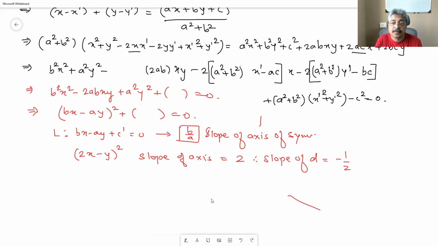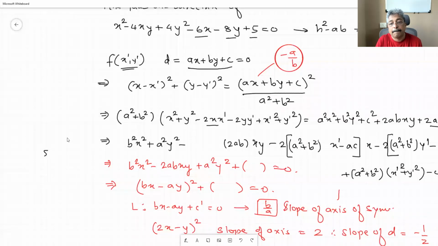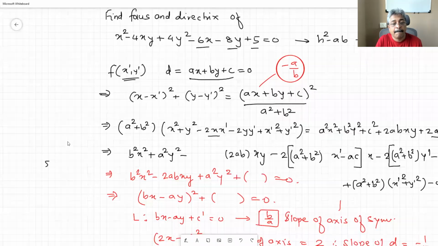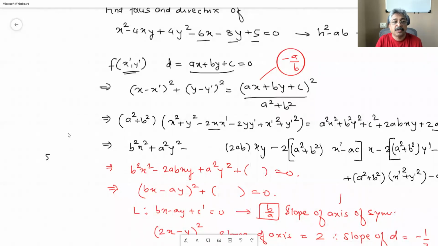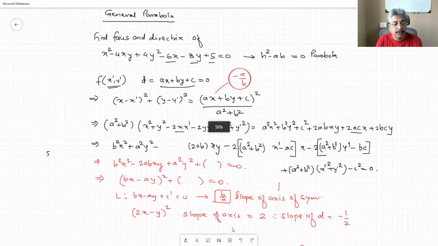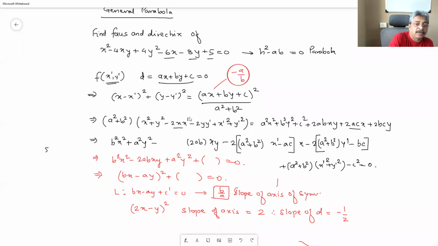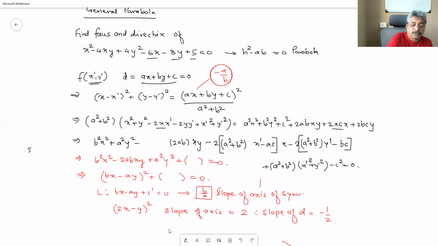Now the equation given to us is x square minus 4xy plus 4y square, which I am comparing with. I am supposed to compare this equation.